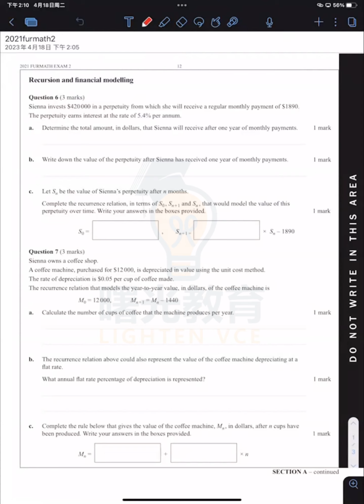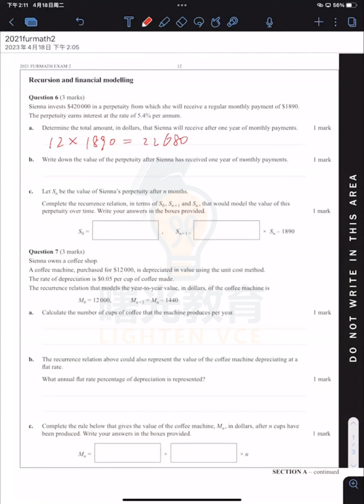How many months? Multiply the income each month. That will be 12 times $1,890, which is $22,680.